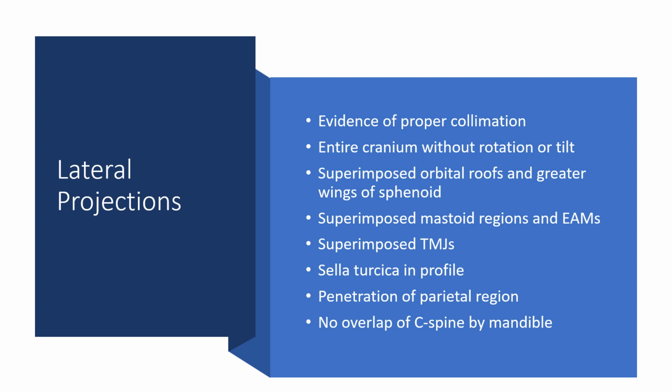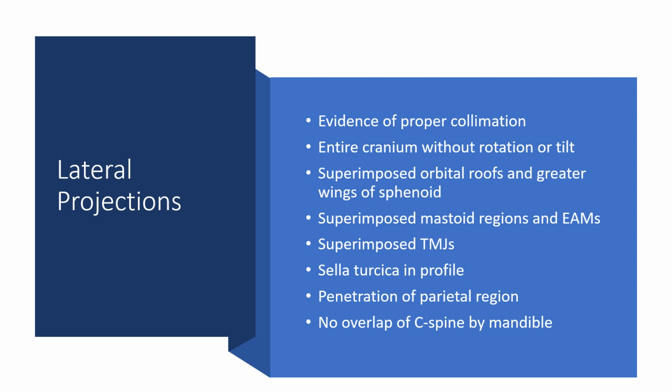You should have adequate penetration of the parietal region. And you can tell you've got penetration because you can see the venous structure on the inside of the cranium. That pattern of the venous structure presented over the squamous region of the parietal bone.